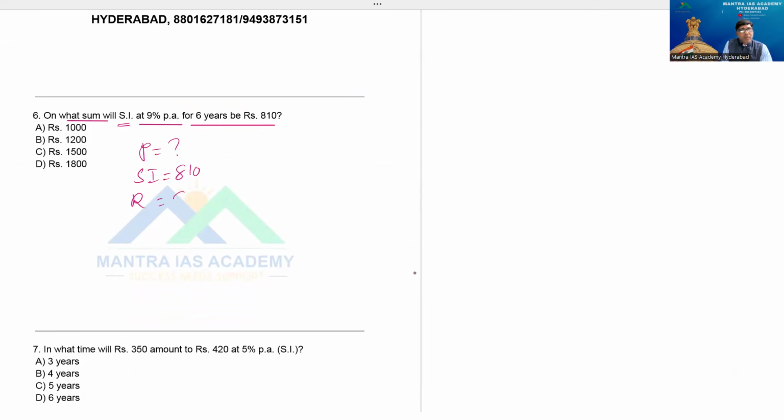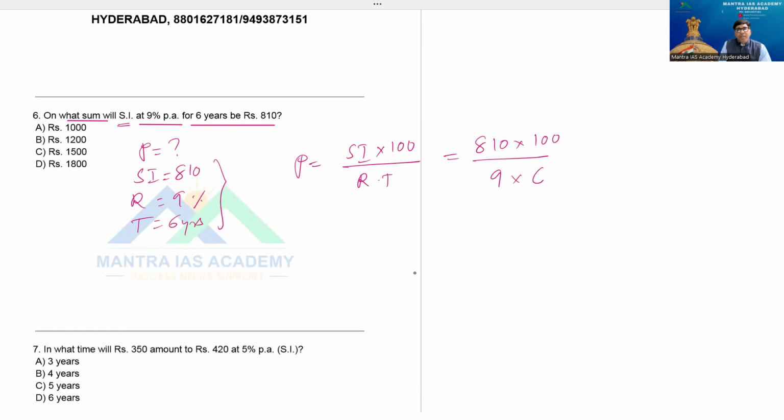R is 9%, time is 6 years. So principal is equal to SI into 100 by rate into time. SI is 810 into 100 by 9 into 6. 9 times 6 is 54. 810 into 100 by 54 gives 1500 as the sum. So option C is the correct answer.